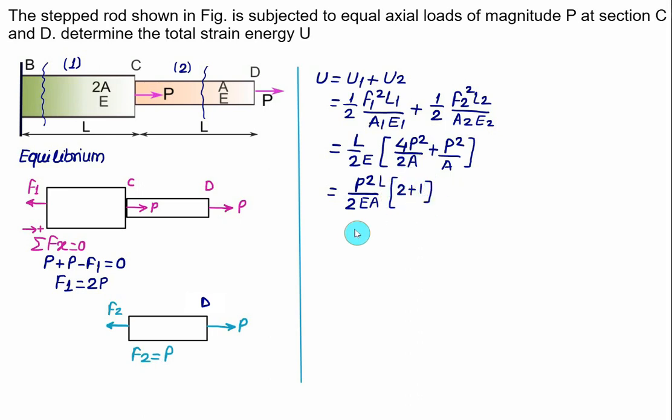So finally we get the value of strain energy equal to 3 by 2 of P square into L divided by AE.